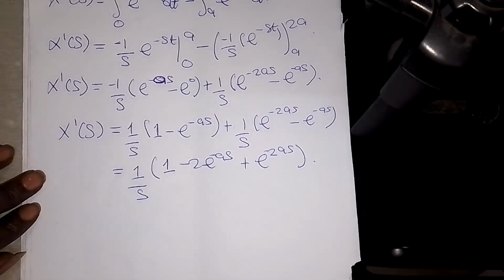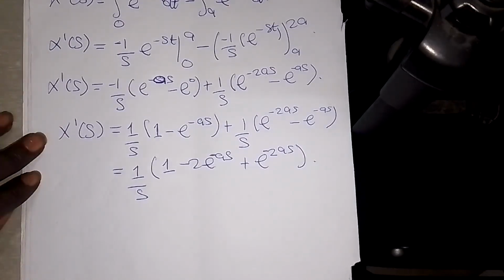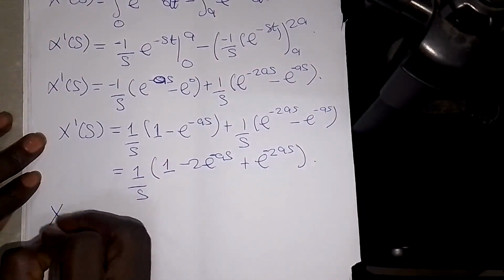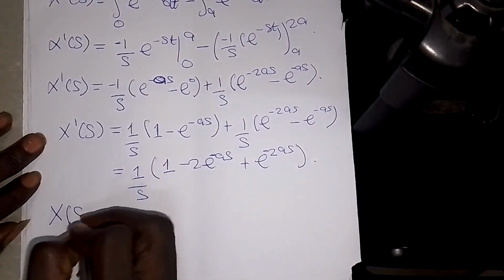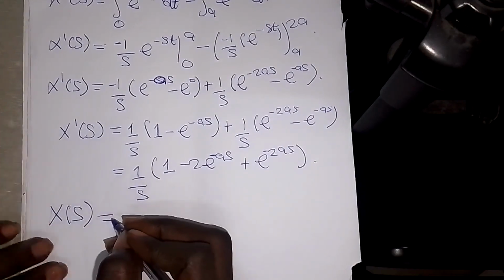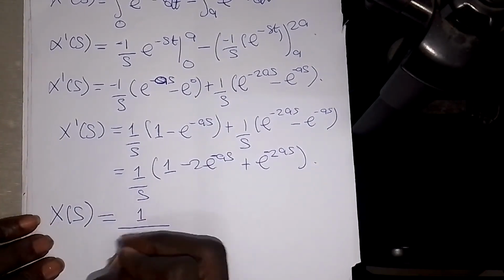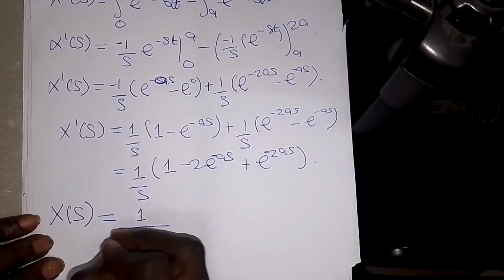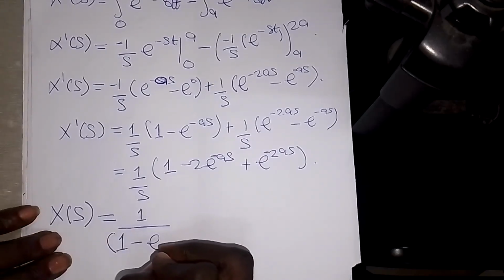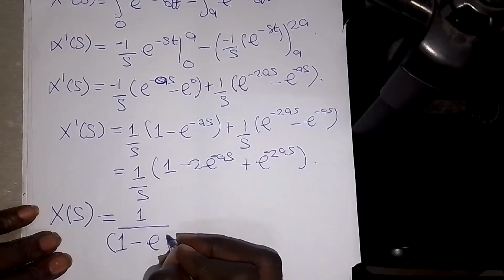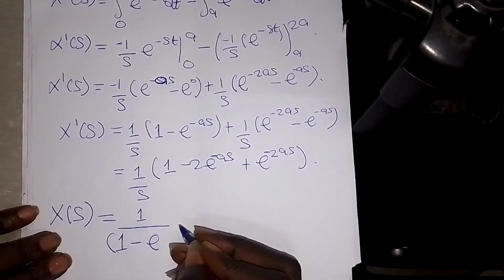Let's see how we can do that. So our x of s is going to be equal to 1 over 1 minus e to the power of minus st.